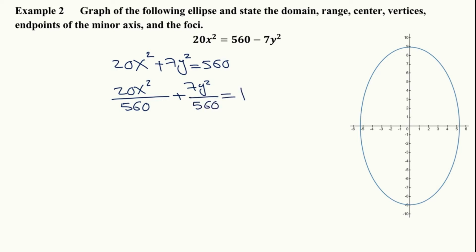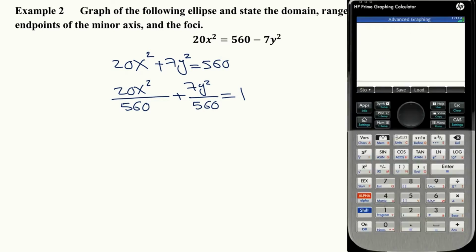So we end up with this, right? Now we'll see if we can simplify as much as possible. For that, you can either do it in your head if you're comfortable with the numbers, or you can just use a calculator.